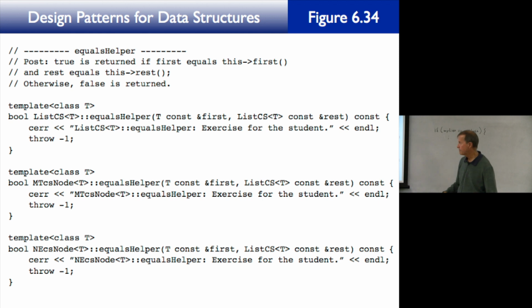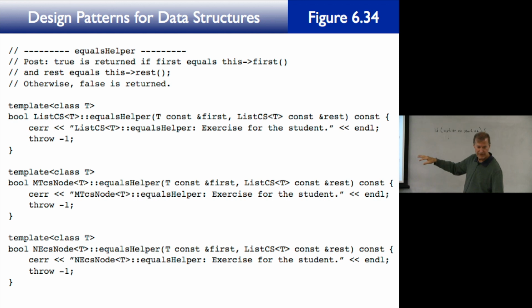Okay? But the parameters for the equals helper are different. For the list version, we have a first and a rest. And for the equals helper, we have a first and a rest. So that's one thing to notice, the parameters for the equals helper are different from the parameters for the equals.